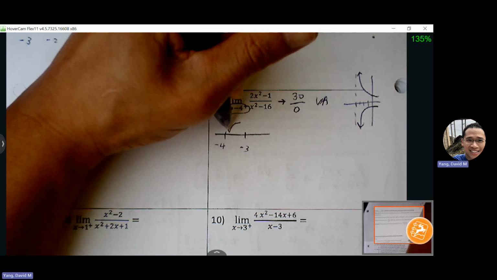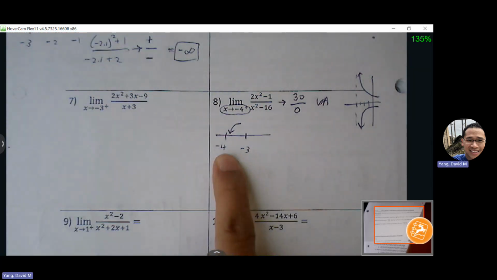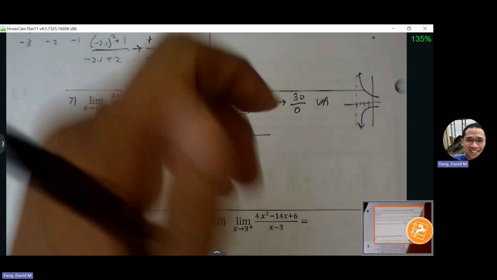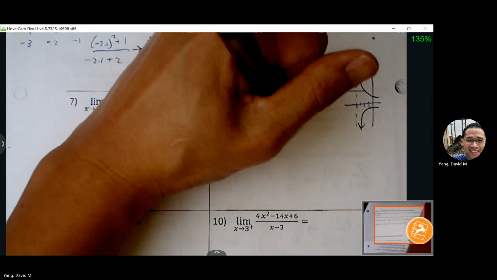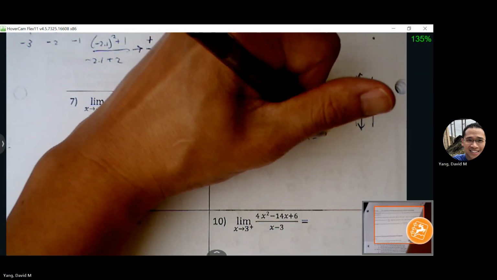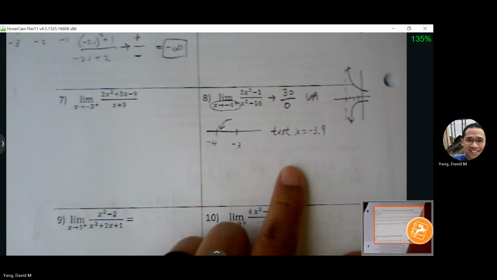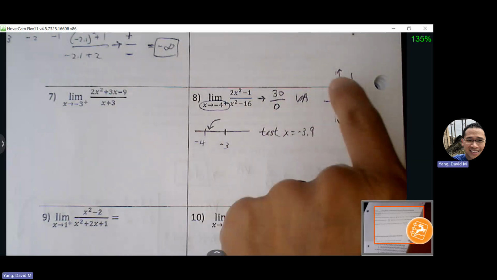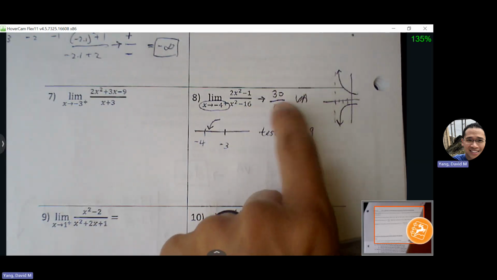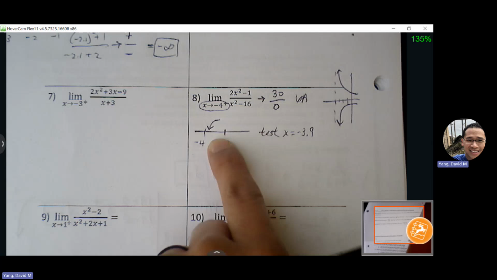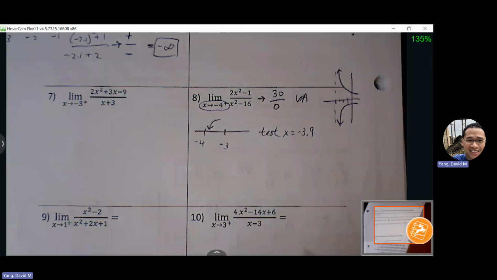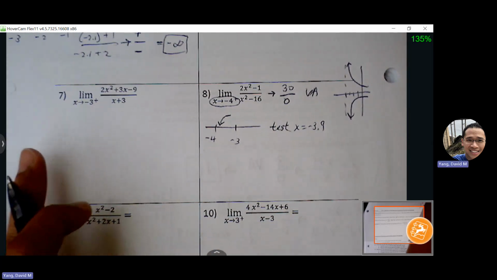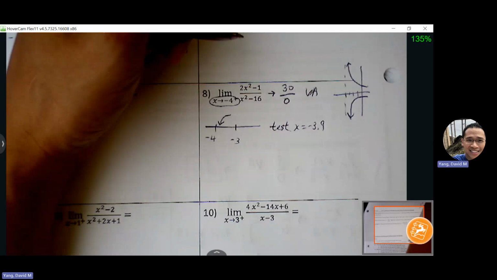What's slightly to the right of -4? -3.9. So we have to be convinced of a couple of things before we jump into decimals. Sometimes, again, one-side limits may just mean find the full limit.